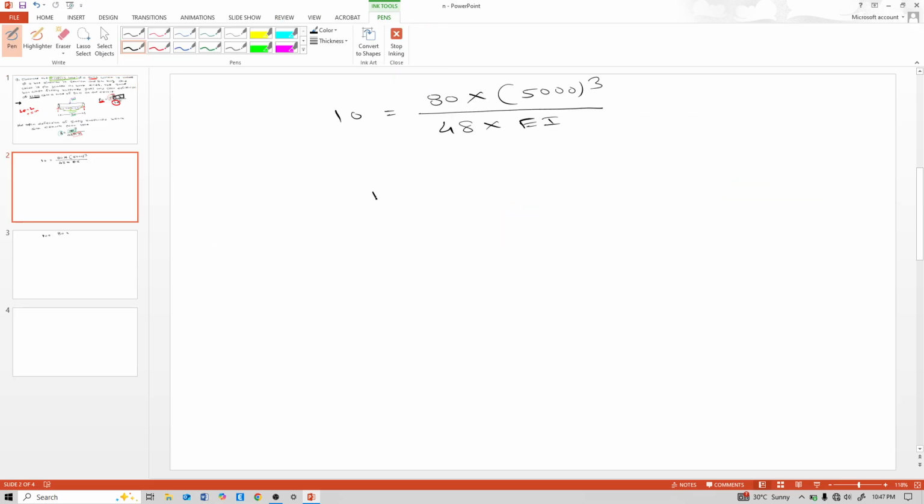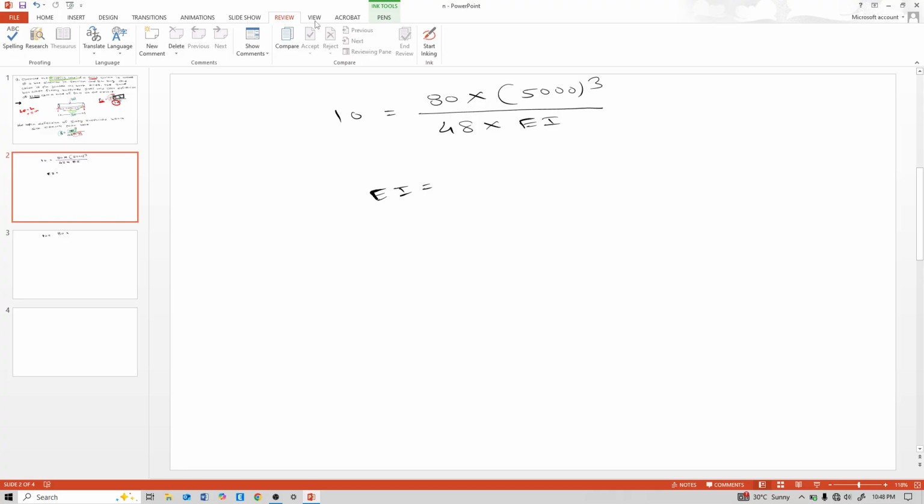So calculate this EI mathematically. 10 into 48 divided by 80 into 5000 cube. Wait. Calculate like this.